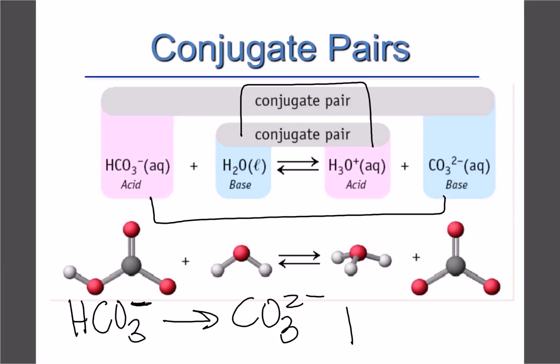So it donated a proton. Oh, actually the label should go on the other side. So let me erase this. It's the HCO3- that's actually a proton donor. So this is an acid. It donates a proton, and this becomes our conjugate base.